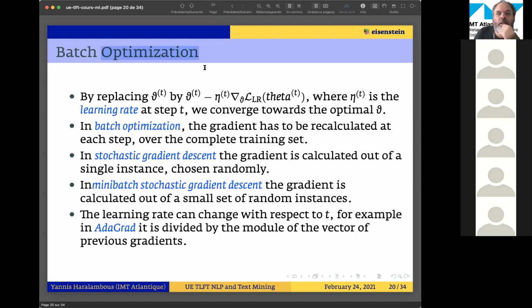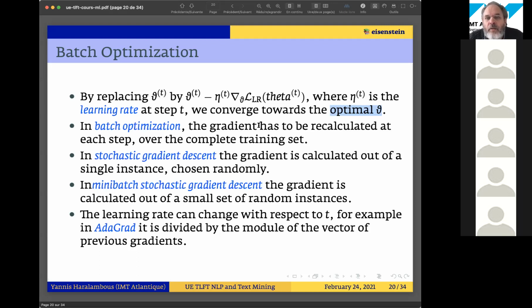Now, what is optimization? Optimization is how do I proceed to find an optimal theta. I can recalculate the gradient at each step. This makes a lot of calculations.